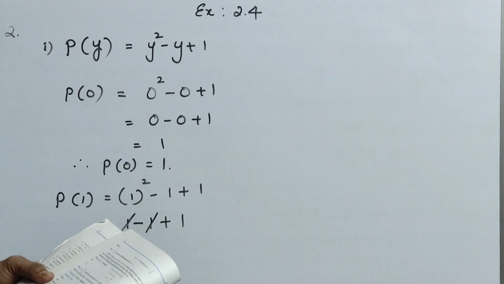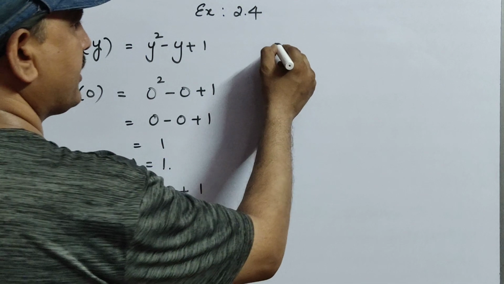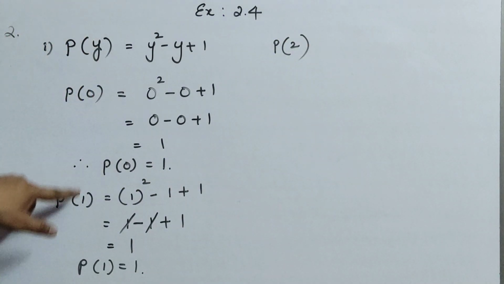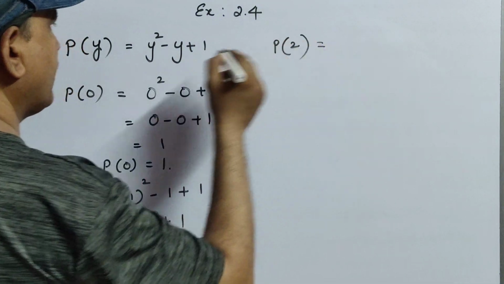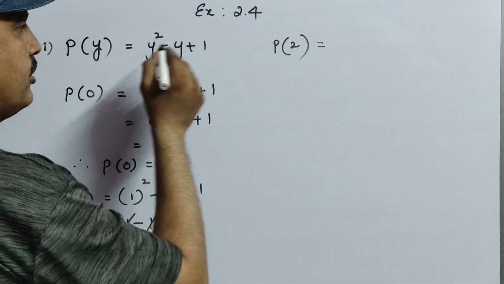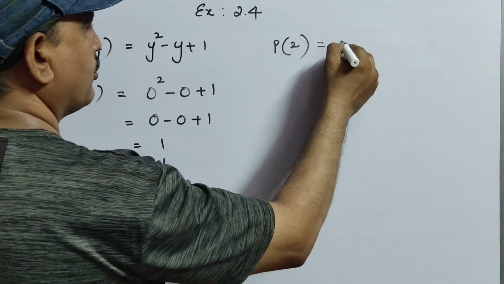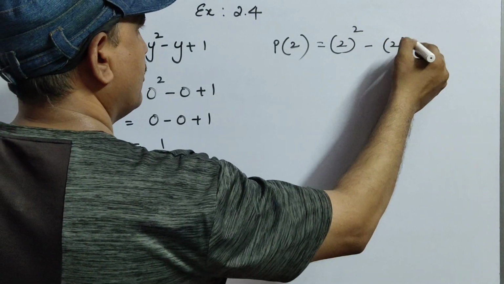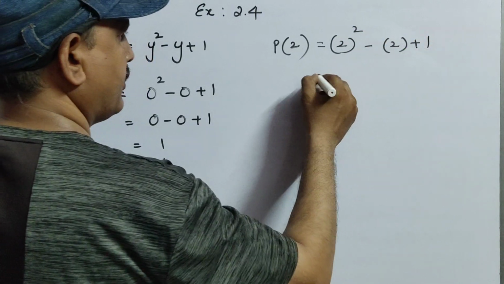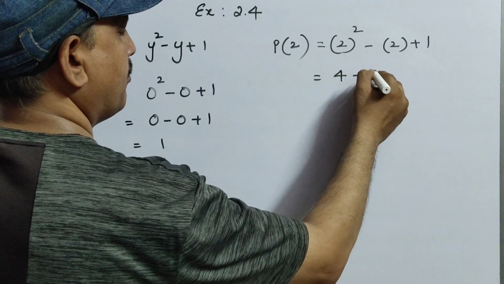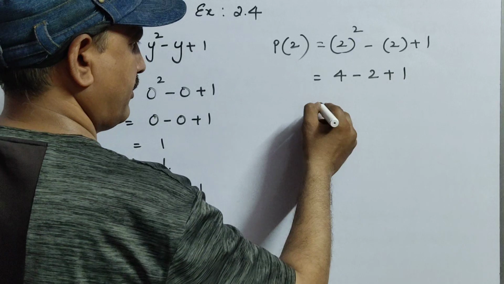Next, p of 2. For the same question, he asked us to find the values p of 0, p of 1 and p of 2. Now, wherever y is there, you have to substitute 2. So 2 square minus 2 plus 1. 2 square means how much, children? 4. 2 twos are 4, minus 2 plus 1.